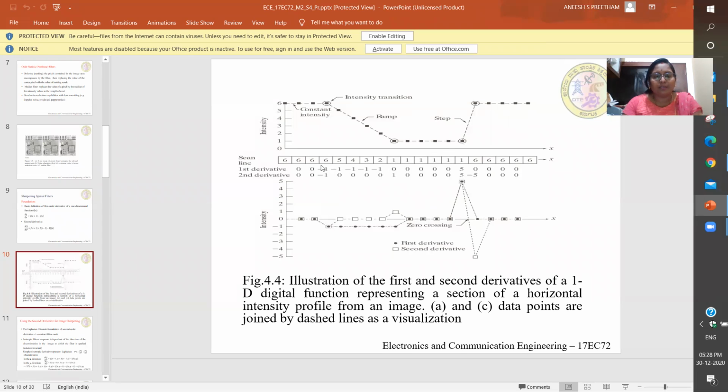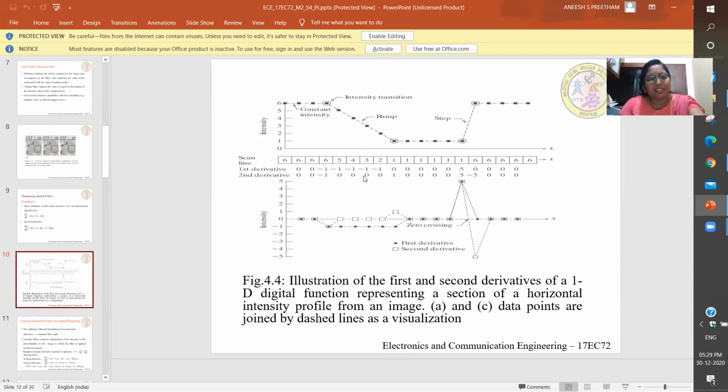The first one is figure A, the second one is figure B, and the third one is figure C. This center figure B shows a selection of a scan line, that is, the intensity profile.